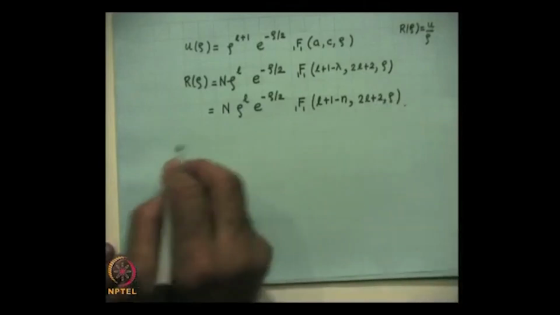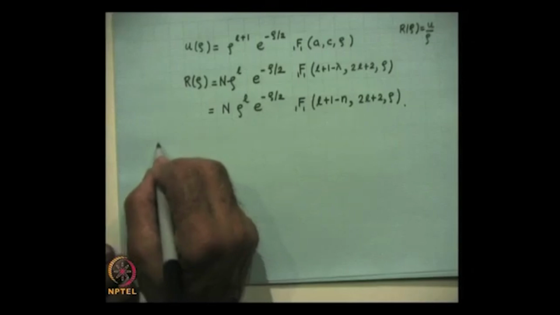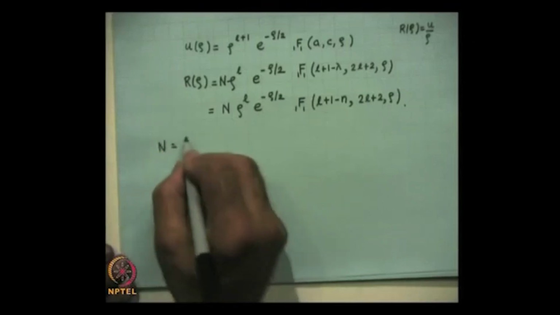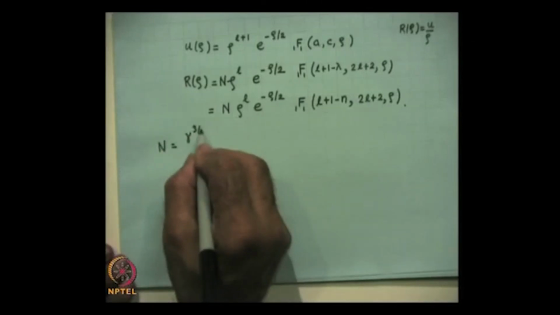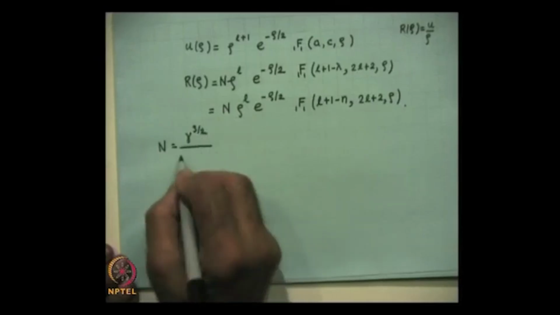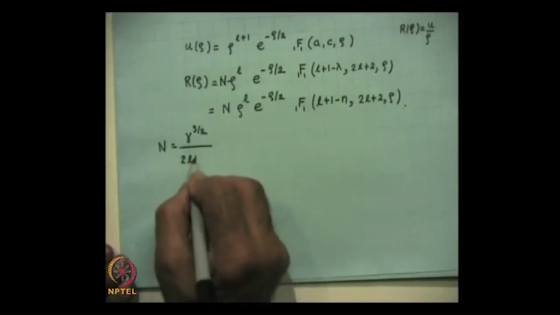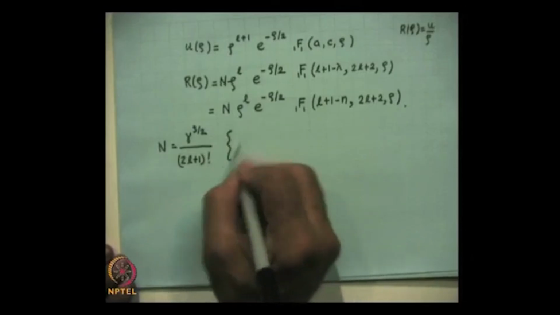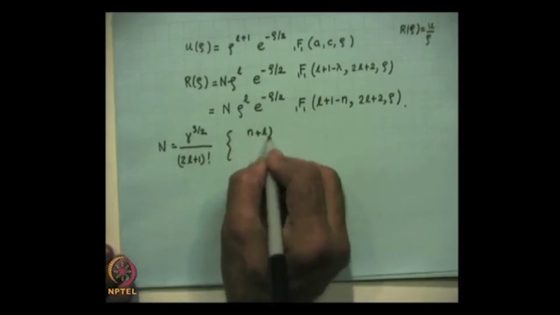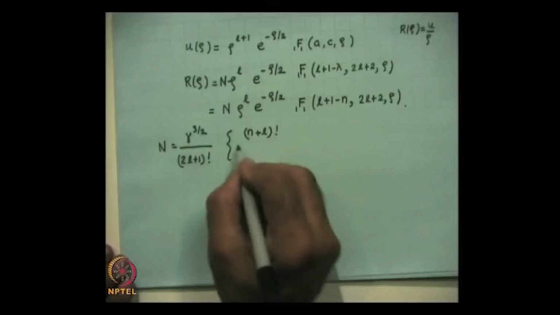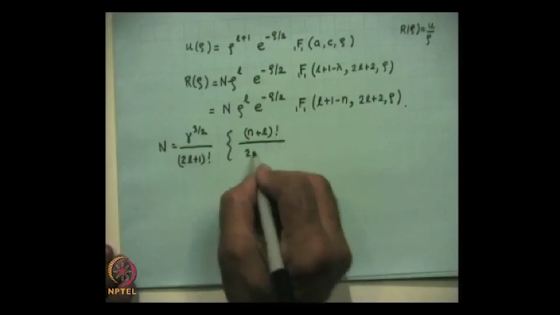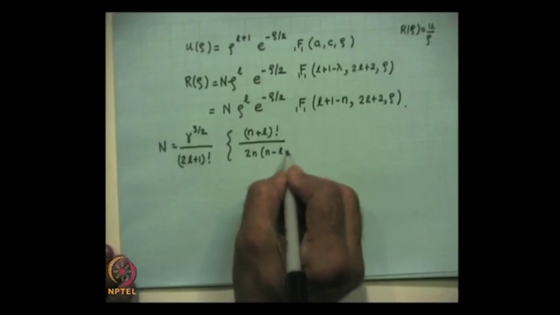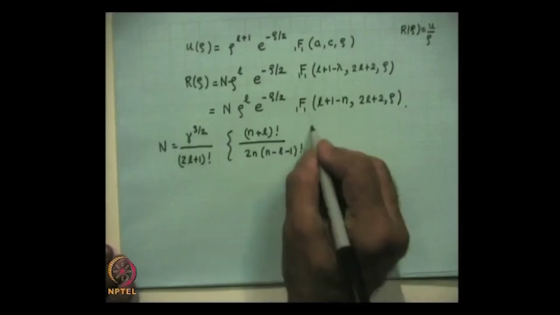The normalization constant is a little difficult to obtain, it is a little cumbersome. I would not say, it is the square root of (2L plus 1) factorial multiplied by (n plus L) factorial divided by 2n into (n minus L minus 1) factorial.